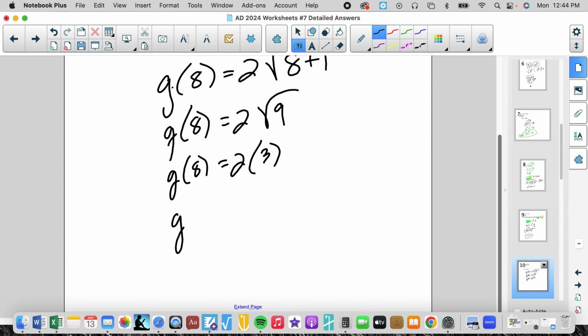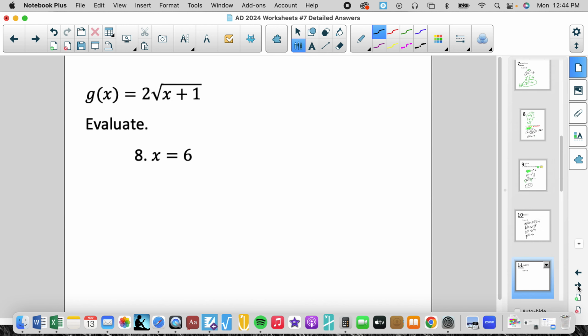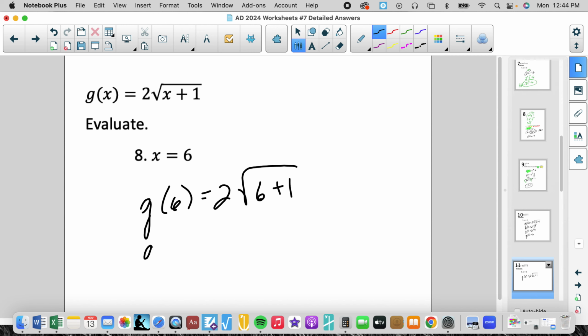And we get g of 8 equals 6. So this time x equals 6. So g of 6 equals 2 times the square root of 6 plus 1. 6 plus 1 is 7. Square root of 7 can't be simplified, so you would leave it as 2 rad 7.